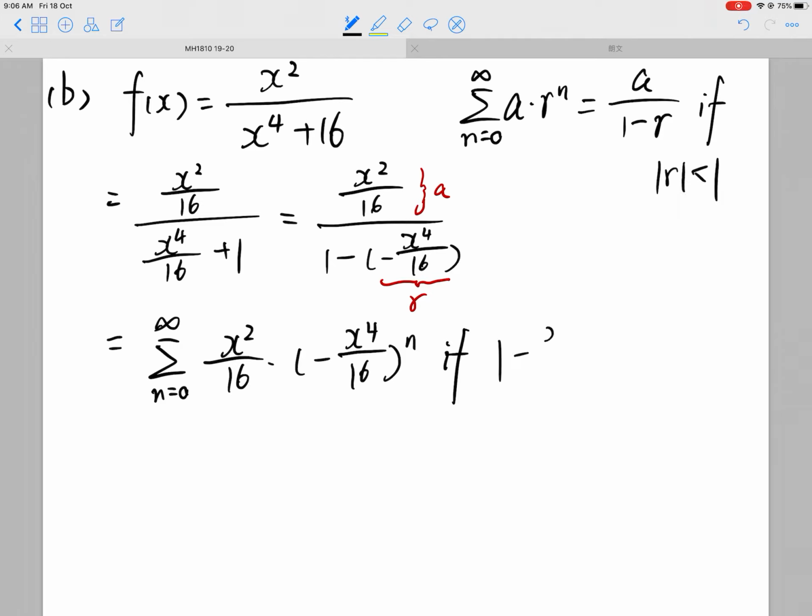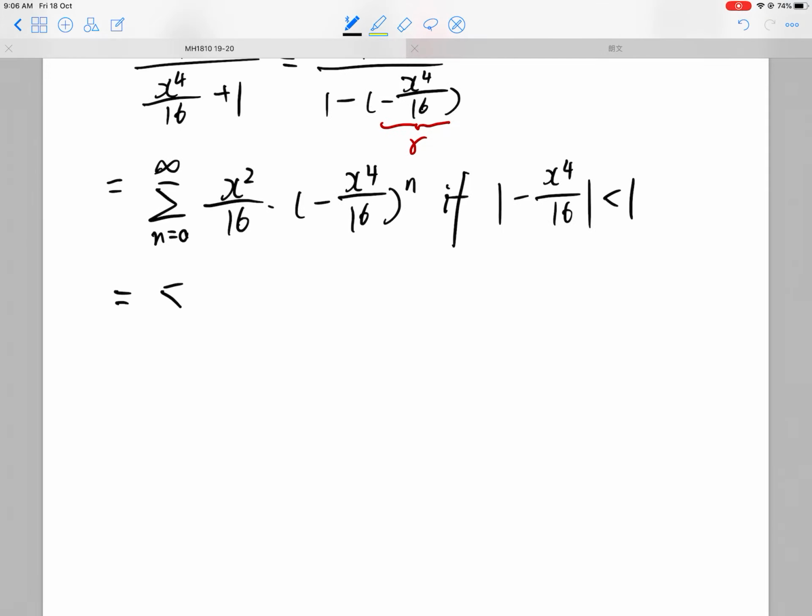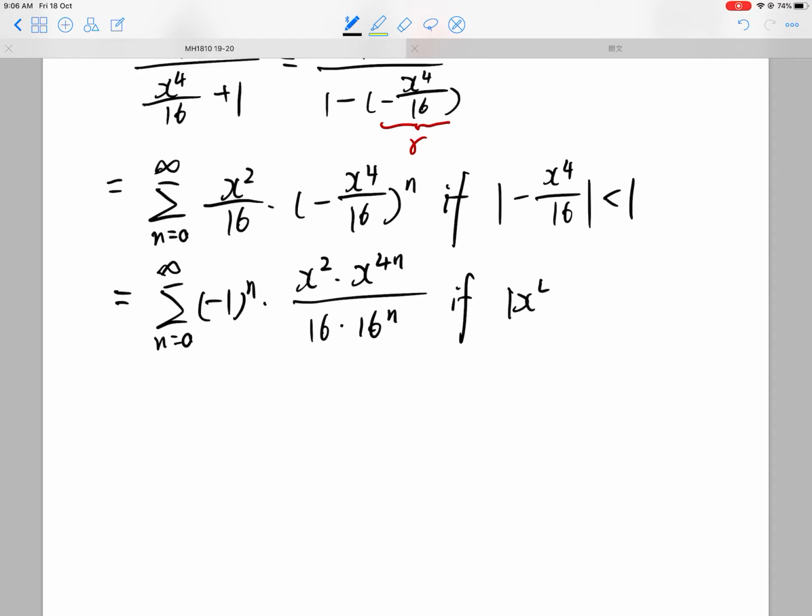So we can simplify both sides. Here it is x to the power of 2 times, first we deal with the sign, negative 1 to the power of n, then x to the power of 4n over 16 times 16 to the power of n, if the absolute value of x to the power of 4 is smaller than 16.